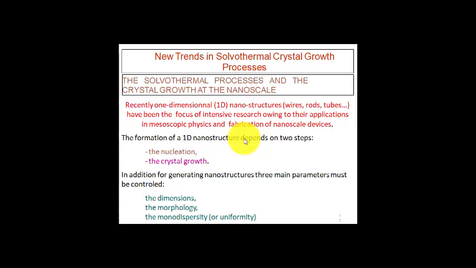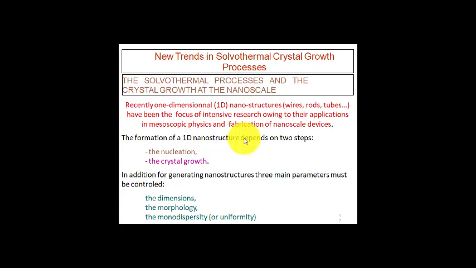The dimensions of the nanostructures, the morphology of the nanostructures, and monodispersity or uniformity, that the particles are uniform throughout their structure. The atoms are equally distributed. Dimensions we have just discussed: zero dimensional, one dimensional, or two dimensional nanomaterials.